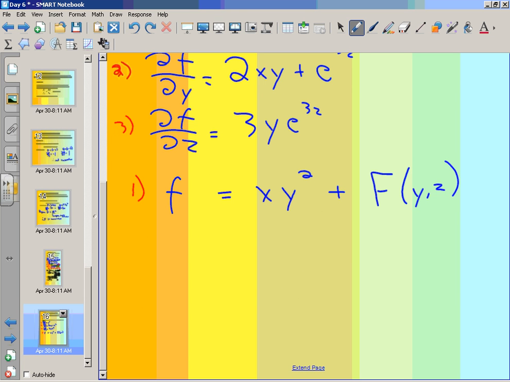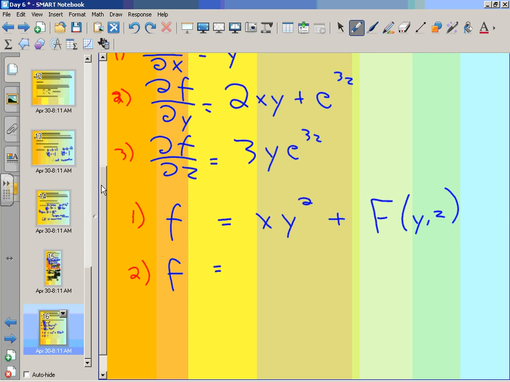And then from 2, if we integrate with respect to y, we would get xy squared again from here, and then this would be y e to the 3z, because that's just constant with respect to z. And then we would still have another function here of x and z.